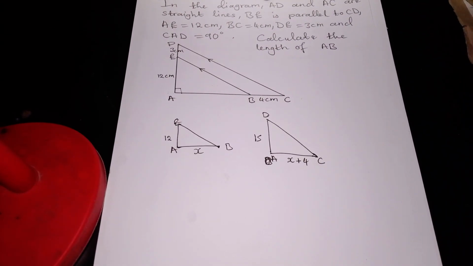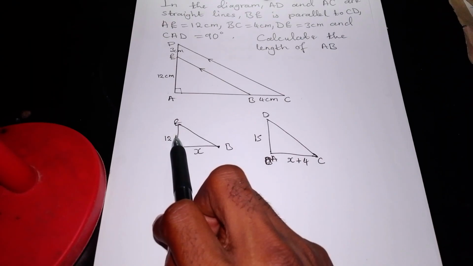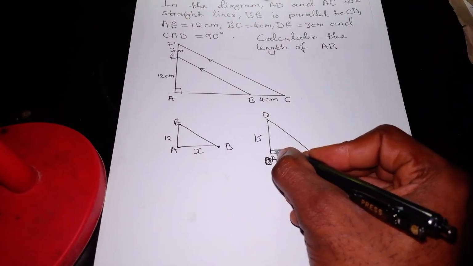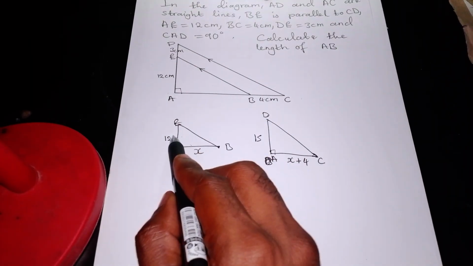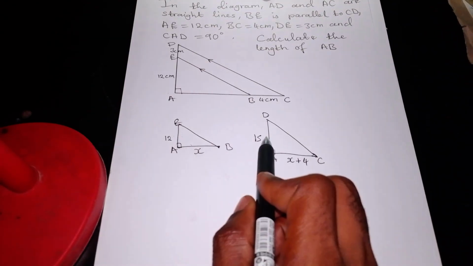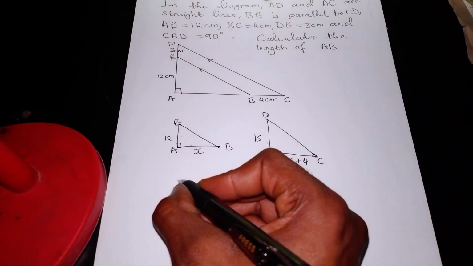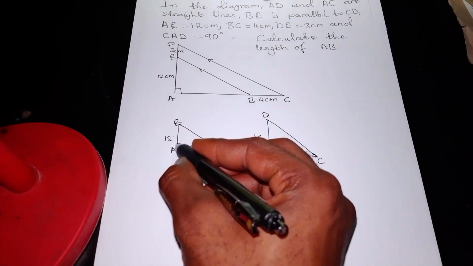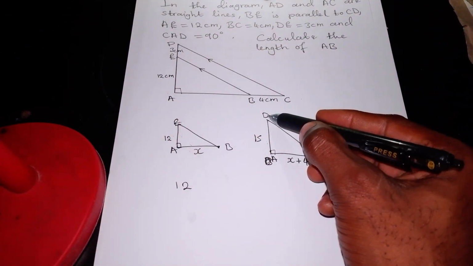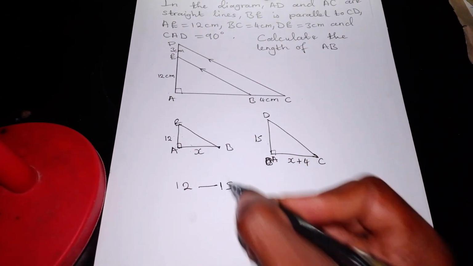Your job is to relate the sides and then use proportions to solve. So as you can see, this is related to this. We have a right angle there. This is related to this, or this is corresponding to this. So you can say 12 or AE is related to AD, which is 15.